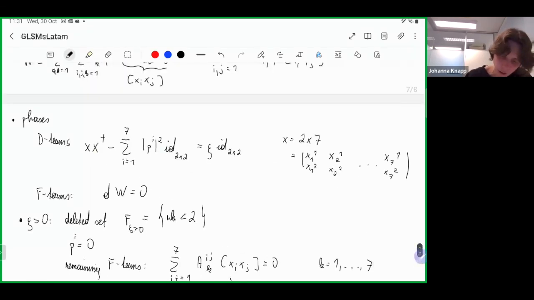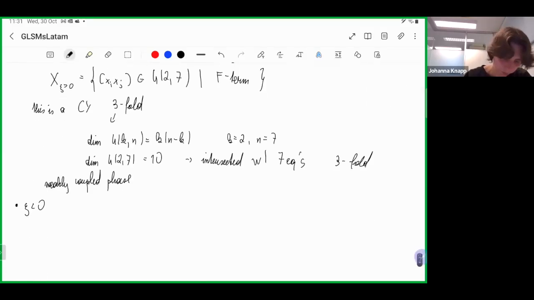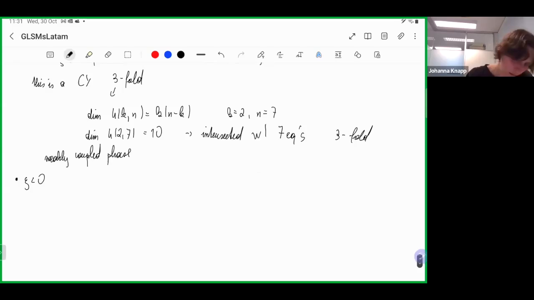One thing that's easy to see is that when theta is less than 0, we are no longer allowed to set the p fields to 0. So we get our deleted set: for theta less than 0, it is p1 equals ... equals p7 equals 0.